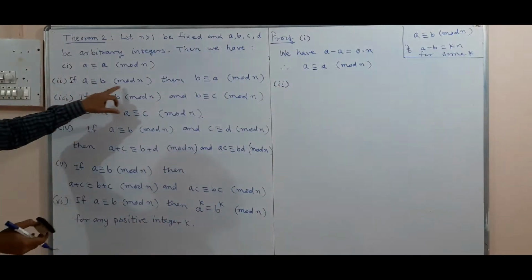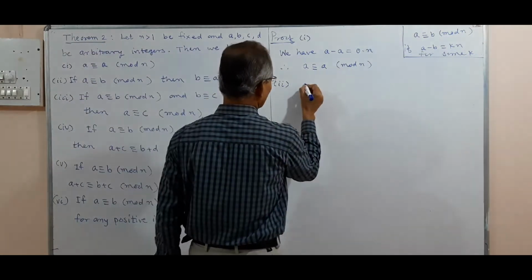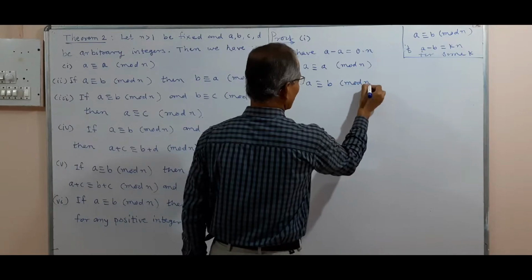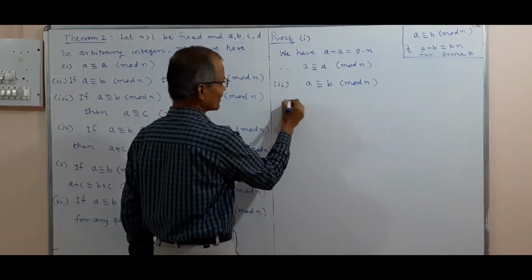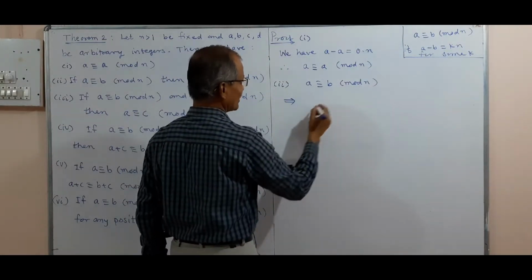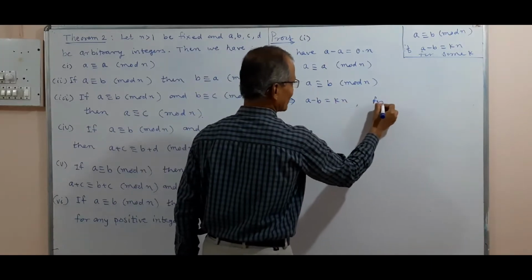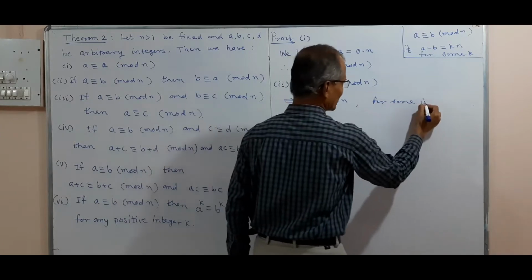Now second, a is congruent to b under modulo n. So what does this imply? By definition, a minus b is equal to kn for some integer k.